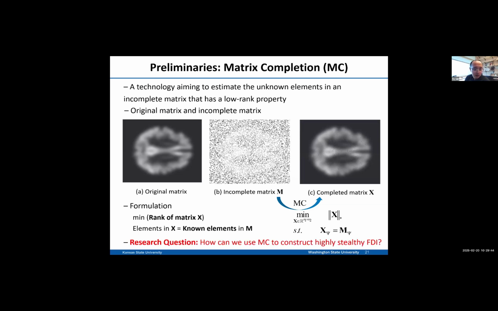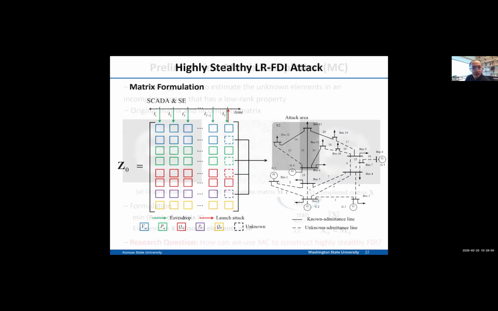The question is how we can use matrix completion to construct our highly stealthy FDR attack. Since we use this technique, the first step is to formulate a matrix. We formulate a historical measurements matrix Z0. Here is a timeline. The SCADA system control center collects SCADA measurements every 10 minutes or 5 minutes.